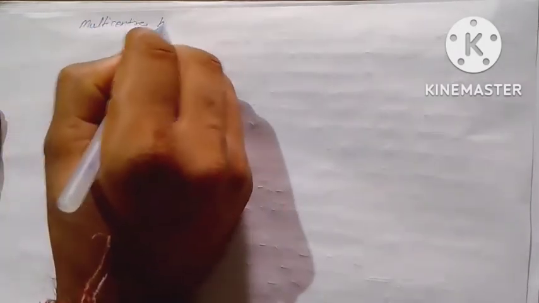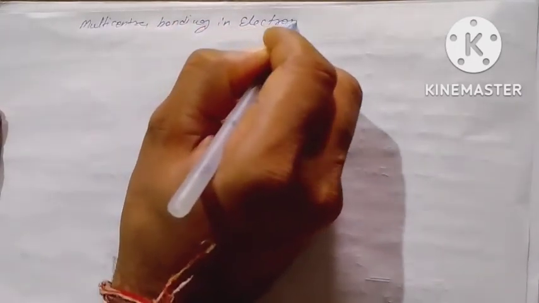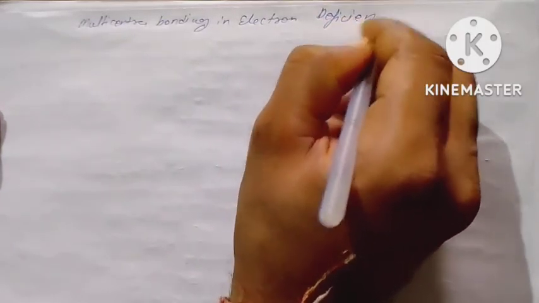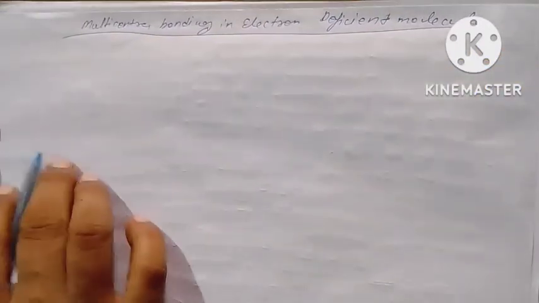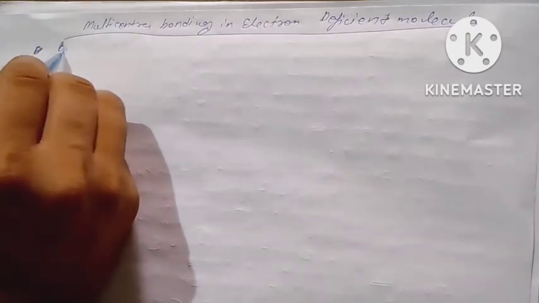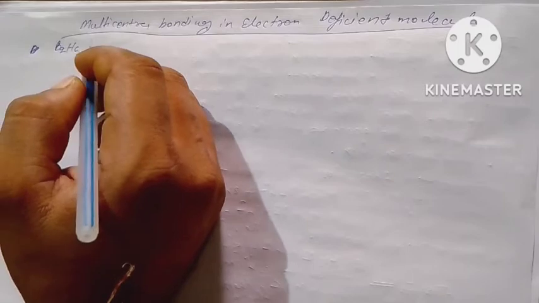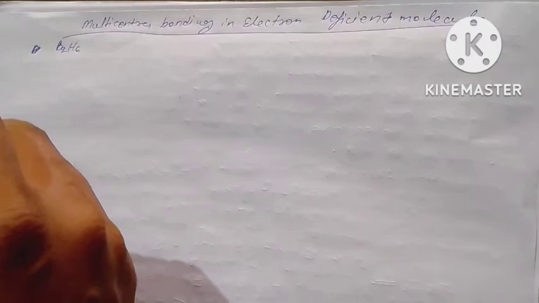Multi-center bonding in electron deficient molecules. Diborane, B2H6, is an electron deficient molecule since it does not contain enough electrons to form the 2 electron bond between the atoms.